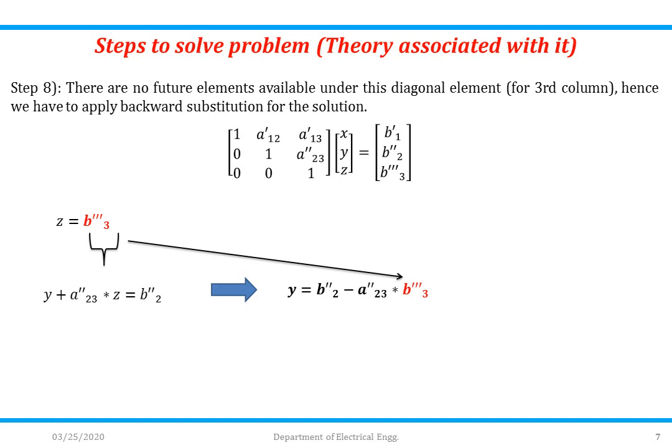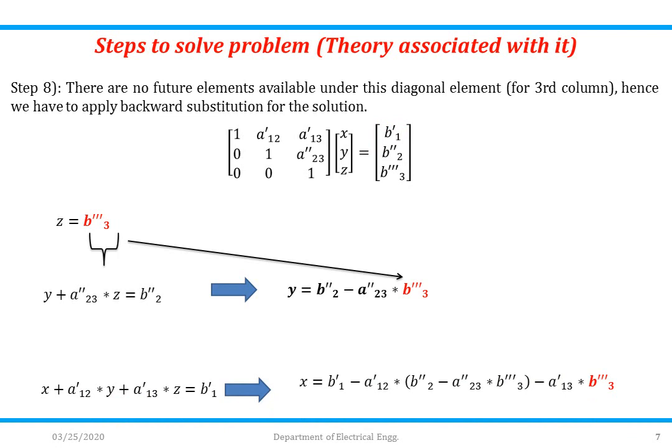So substitute the value of z here, you will get b triple dash of 3. And what is next? 1 into x plus a dash 1 2 into y plus a dash 1 3 into z equal to b dash 1. I have written this equation. And again, substitute the values of y and z from the previous equations in this equation, so that you will get x equal to b dash 1 as it is.